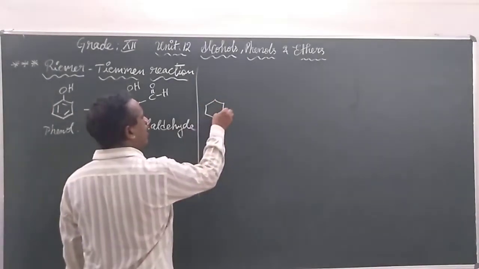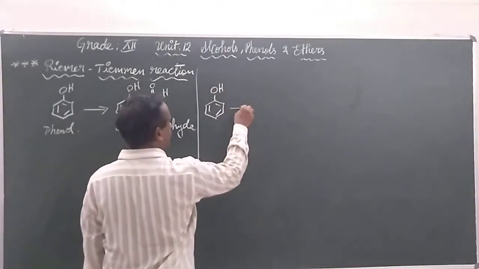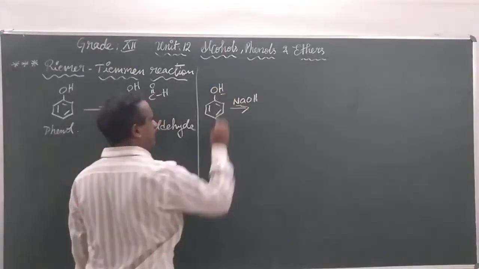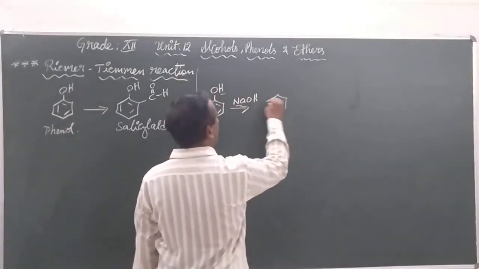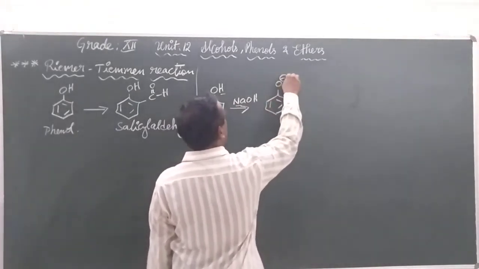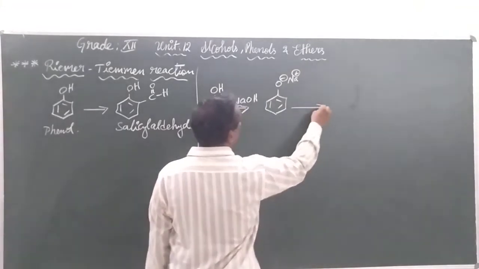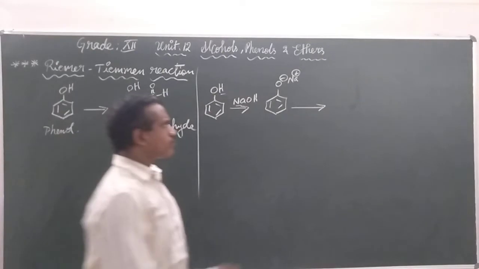Initially phenol will be reacted with sodium hydroxide. When phenol is reacted with sodium hydroxide, we will be forming the sodium phenoxide ion. Now we are going to add the remaining reagents.